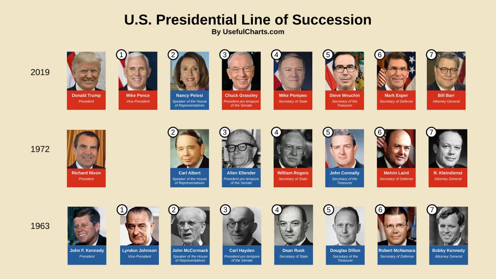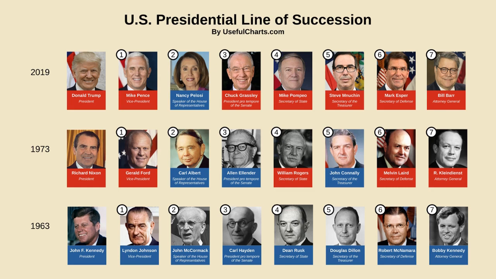Now, they didn't actually have to choose someone that was already in the line of succession, and in fact, they did not. They chose Gerald Ford, who was the Republican leader in the House of Representatives. Had the Republicans controlled the House, Ford would have been in the second spot instead of Albert. But it didn't matter because Nixon placed Ford directly into the vice presidency, making him the automatic backup plan.